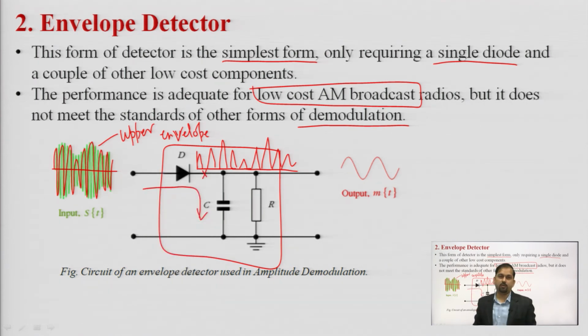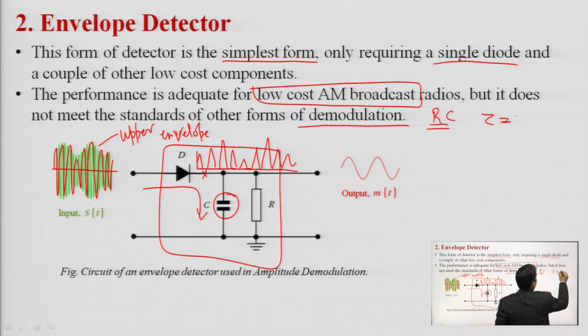We have seen in half wave rectification that the bidirectional current is converted to unidirectional. After that we have the capacitor. The time constant for an RC circuit is tau equals RC.